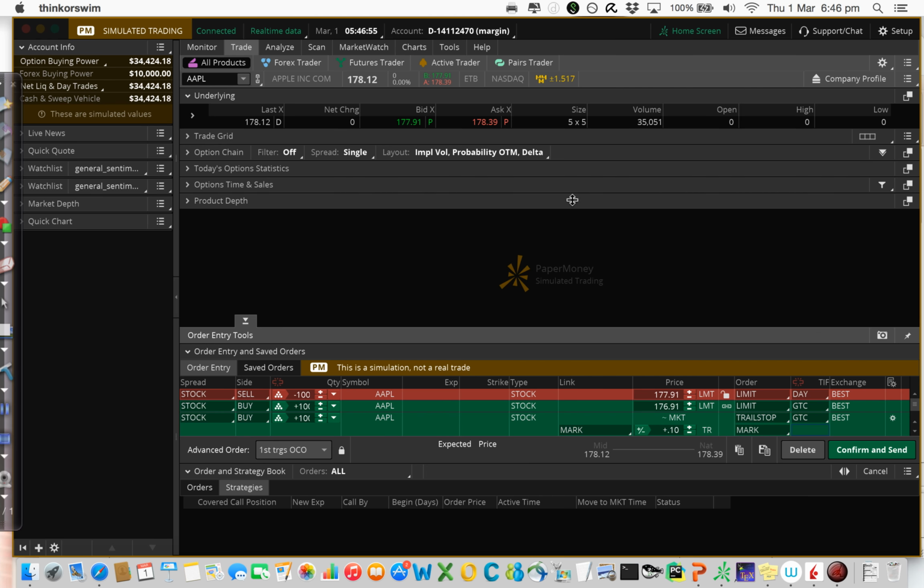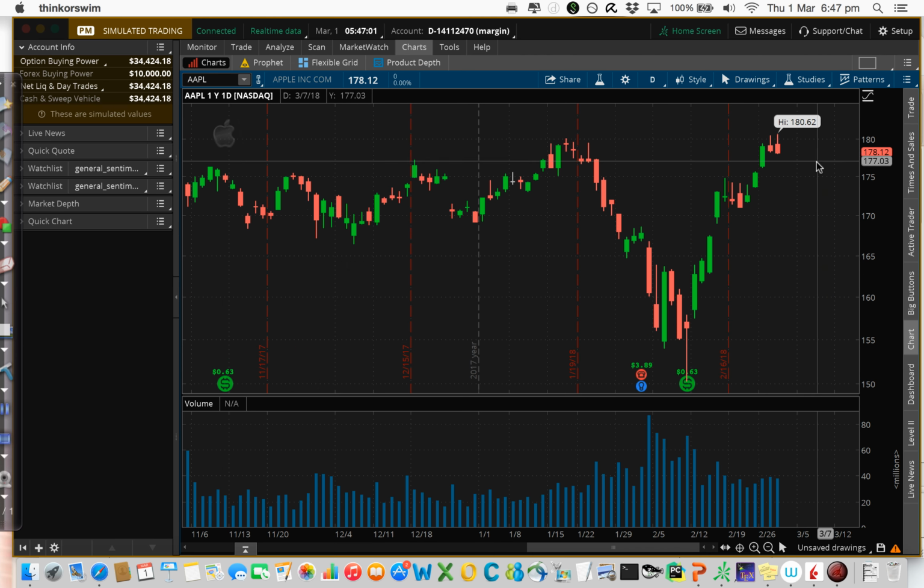So let's try now with an example to place an order. So you see here, the high price is 180.62. So let's say, just to show you the most complete order, the OCO bracket, let's say that I want to buy if the price is going above this level.